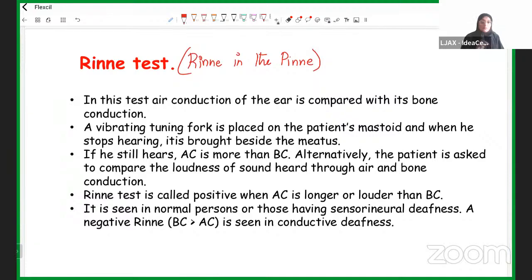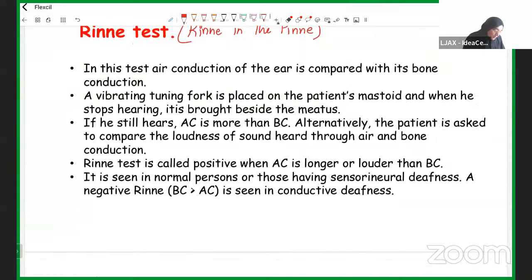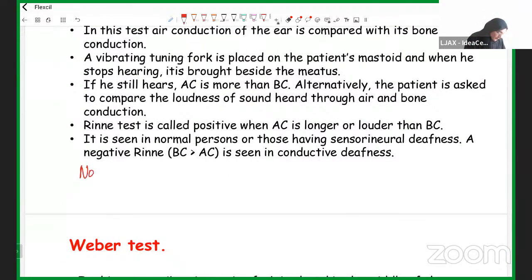Now, always remember, normally in a human being's ear, air conduction will be more than bone conduction. So the sound that travels through the air is louder than the sound that travels through the bone.